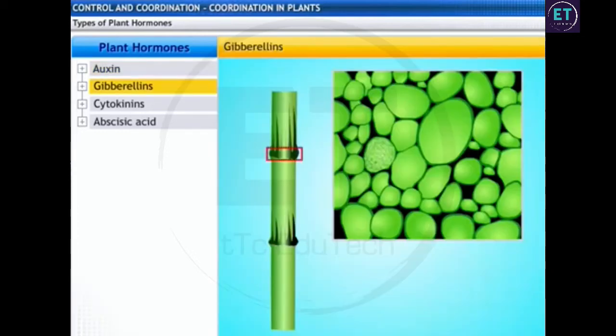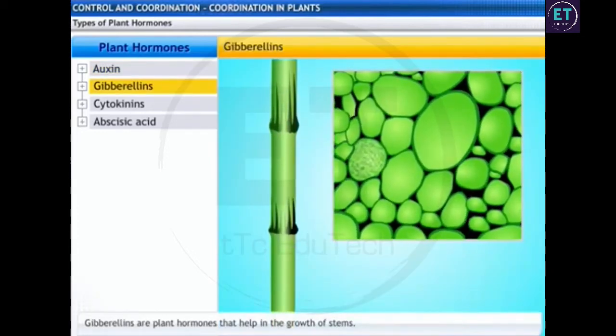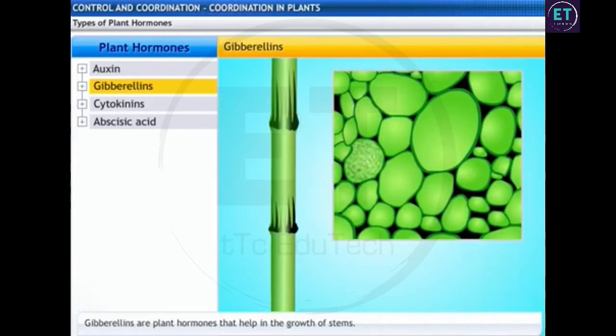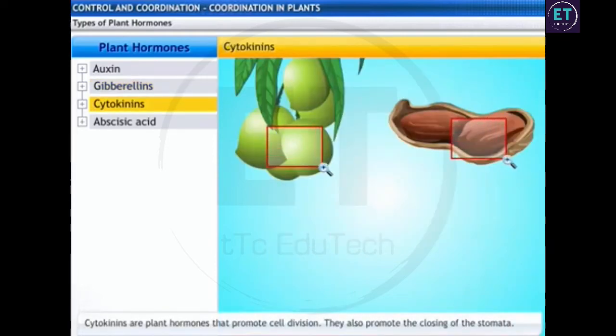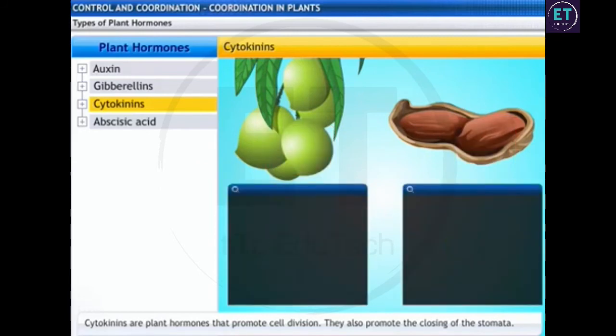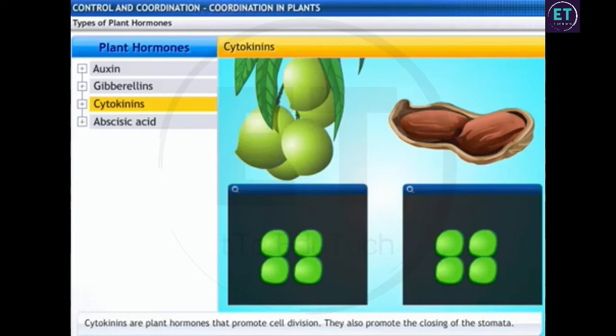Gibberellins. They help in the elongation of internode and play a role in the growth of the plant along with auxins. Cytokinins promote cell division. They are present in large numbers in areas of rapid cell division such as fruits and seeds.